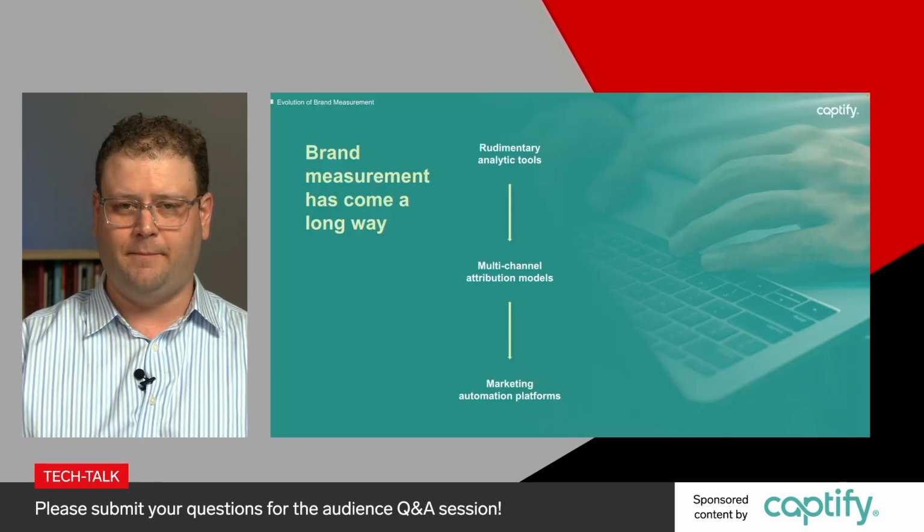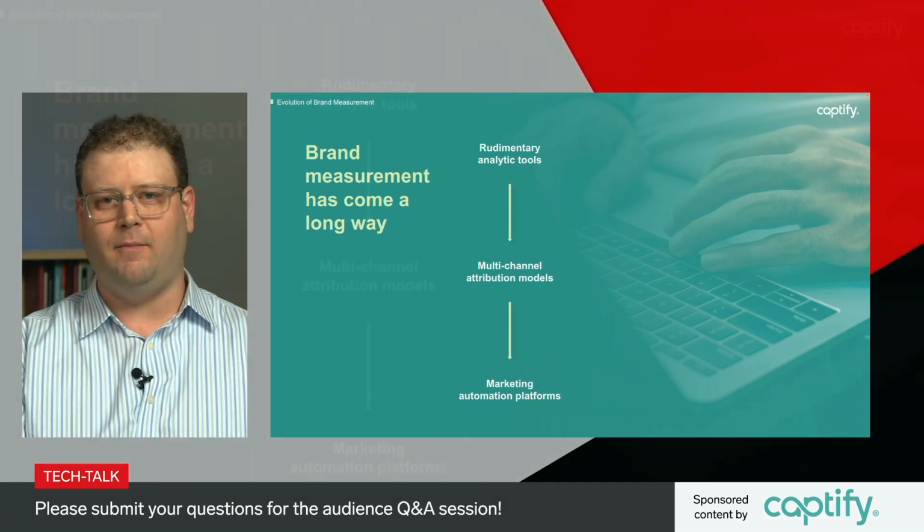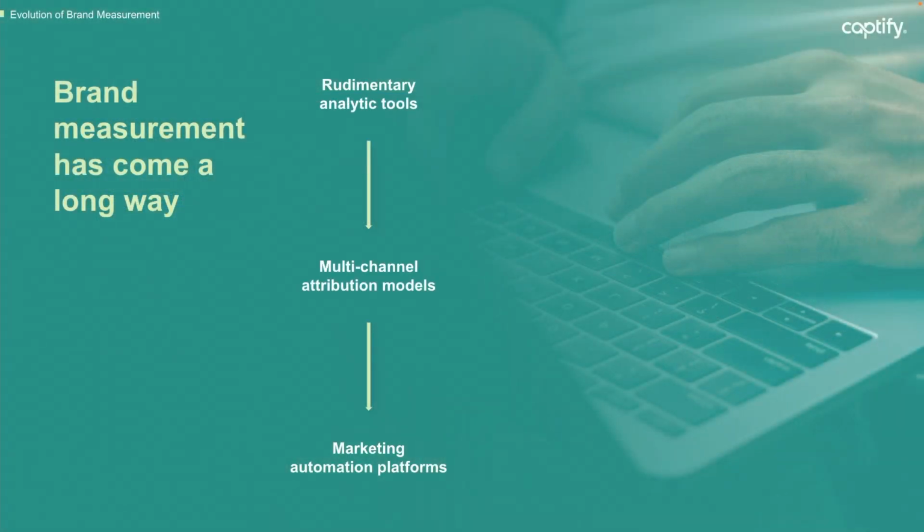So jumping right in here. Brand measurement has come a long way. Back from the Paleolithic era of measurement, thinking about the basic tools, looking at basic metrics and understanding activity, not outcomes. From there, looking at things like attribution modeling, understanding specific silo measurement, things in pieces that don't give you the picture of the whole.